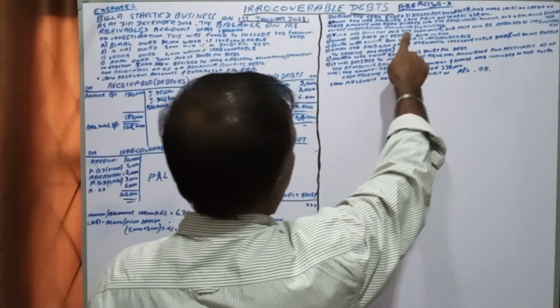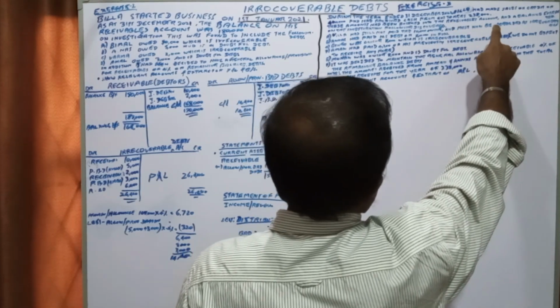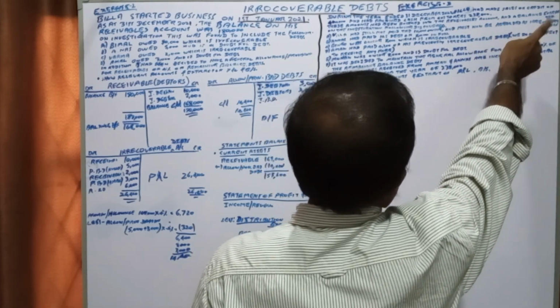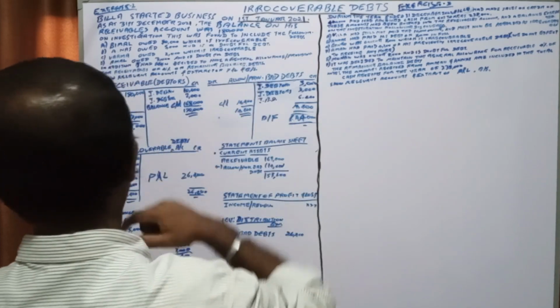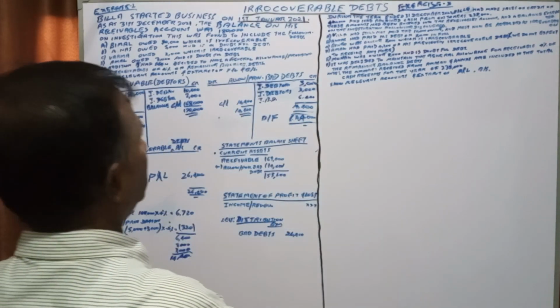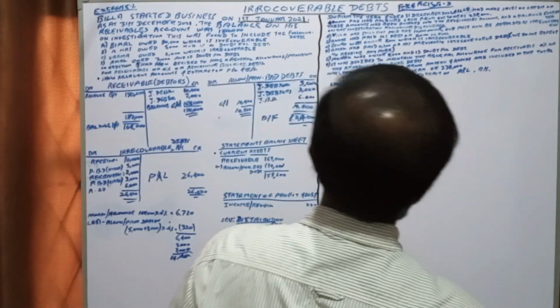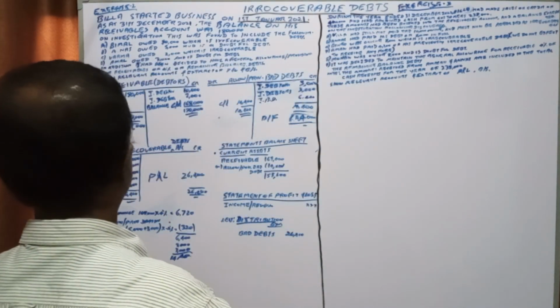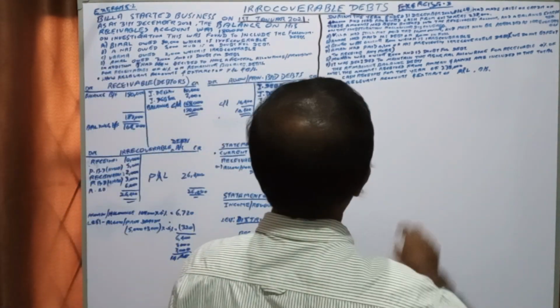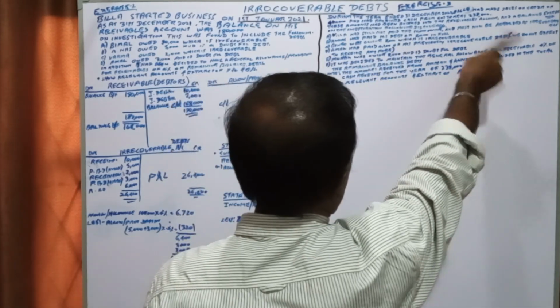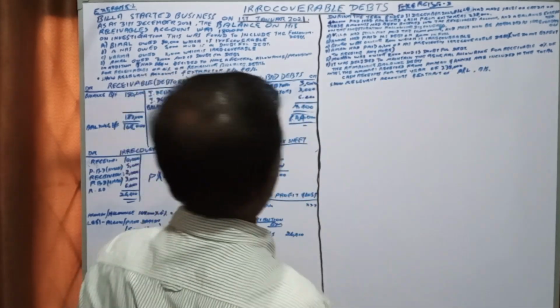These amounts had been entered into the receivables account. We made credit sales 400,000 and received 238,000. Okay, it can be done.